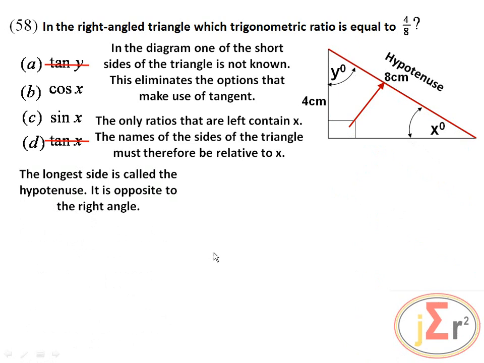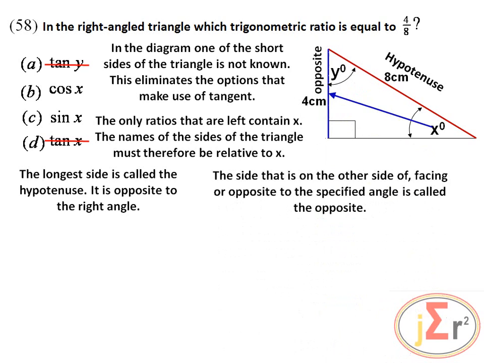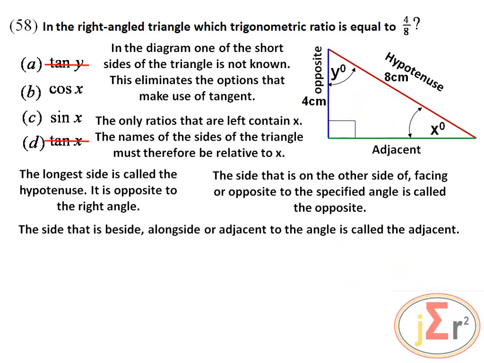We have the hypotenuse. It is always the longest side, not relative to x. The longest side is called the hypotenuse, and it is opposite to the right angle. The side facing or opposite to the specified angle is called the opposite. The side that is beside, alongside or adjacent to the angle is called the adjacent.